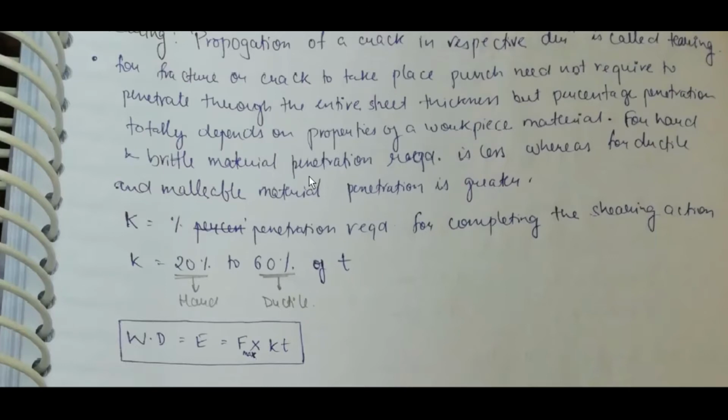For hard and brittle material, the penetration required is less, whereas for ductile and malleable material, penetration is greater. K is equal to the percentage penetration required for completing the shearing action. K is equal to 20% to 60% of T: 20% for hard, 60% for ductile. Work done is E is equal to F max into KT.